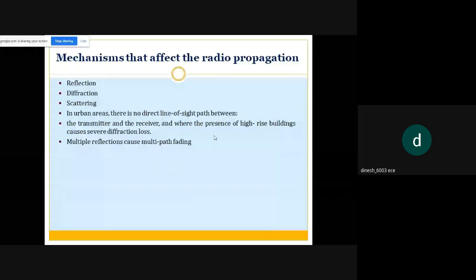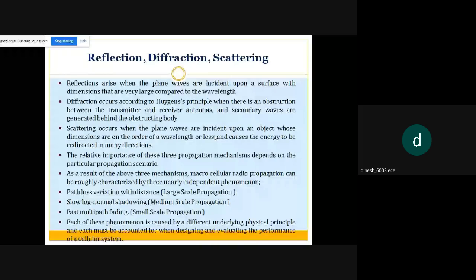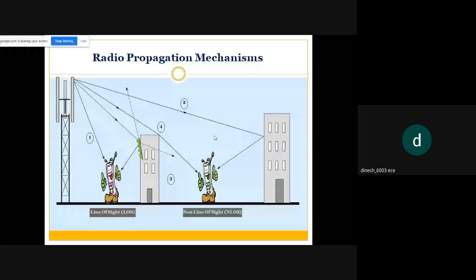The multipath fading introduction. So where multipath fading is being used, where large scale propagation is used, we had seen. And we had seen an example of the large scale fading effects with the line of sight and non line of sight examples.